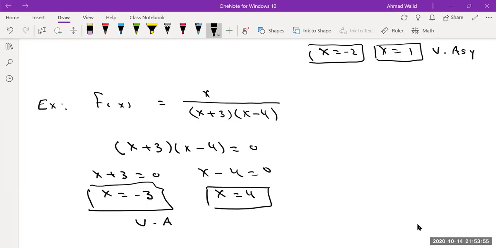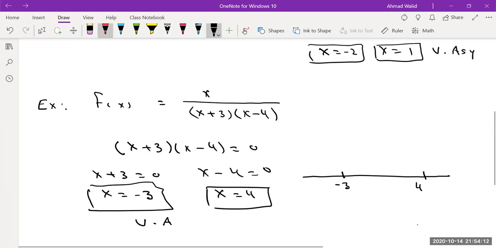Now, if I want to just graph these vertical asymptotes, I'm not going to graph the function, correct? If I just graph these vertical asymptotes for you, for example, here I have negative 3, here is 4, and if I draw the vertical asymptotes, right?